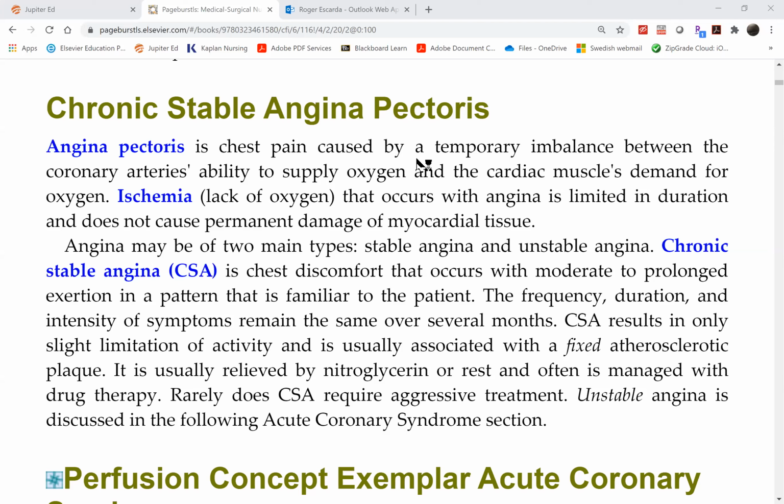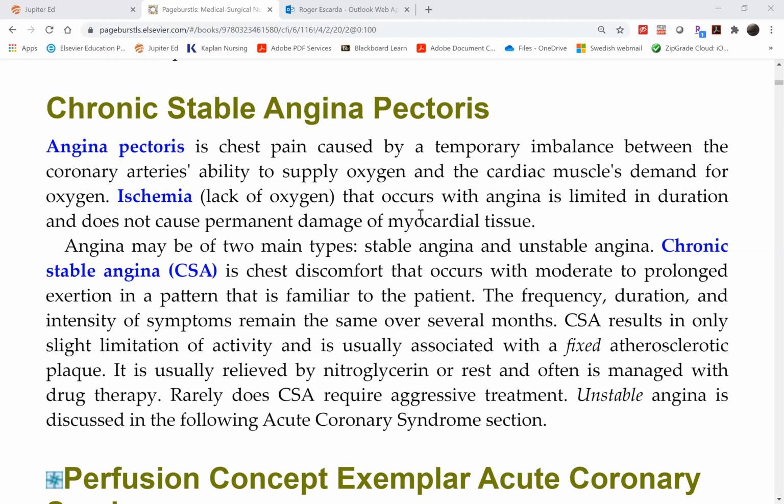So the patient experiencing chest pain will drop the shovel, probably sit down and take a rest, and then the chest pain goes away because now you restored blood flow, you were able to meet oxygen demand once again. As long as the plaque remains stable, the patient will continue to have chronic stable angina. So this one will not lead to permanent damage.